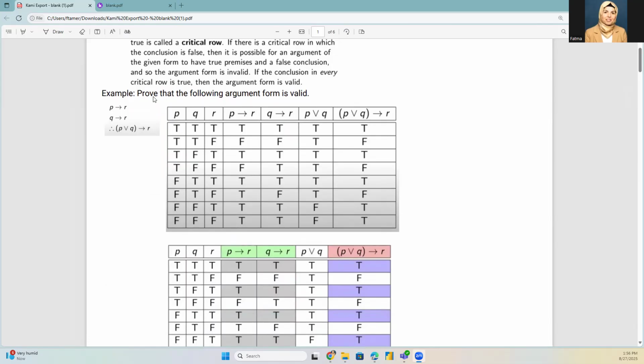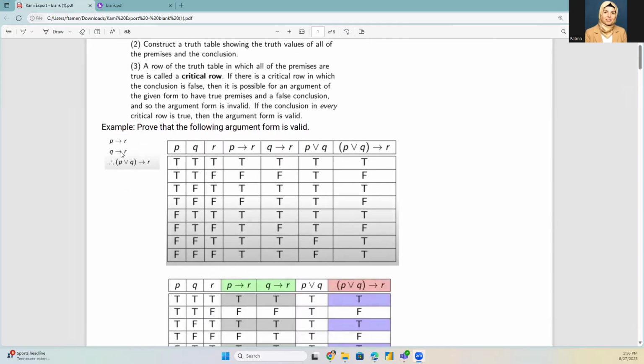The example is: we want to prove that the following argument form is valid. Let's look at that argument form. P, if P then R, if Q then R, therefore, if P or Q then R. This is the first premise, if P then R. This is the second premise, if Q then R. And this is the conclusion.